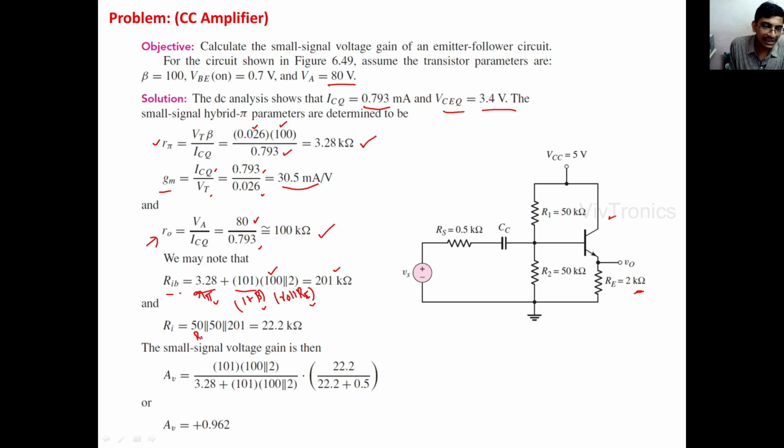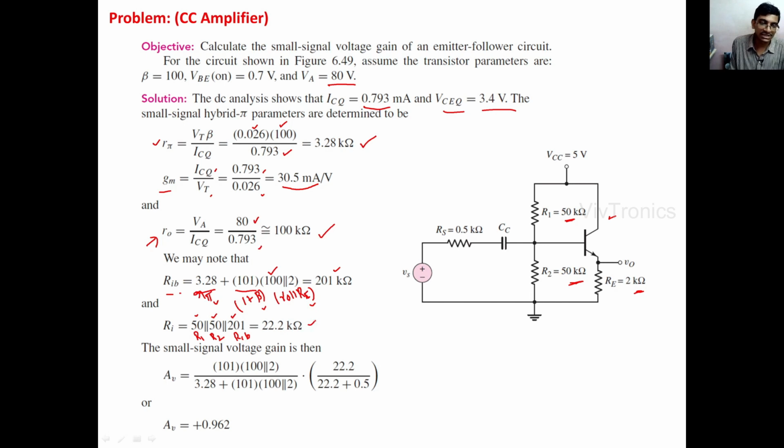Ri, the input resistance including biasing, is R1 parallel R2 parallel RIB. Here R1 is 50 kilo ohms and R2 is also 50 kilo ohms. So 50 parallel 201 will be equal to 22.2 kilo ohms.